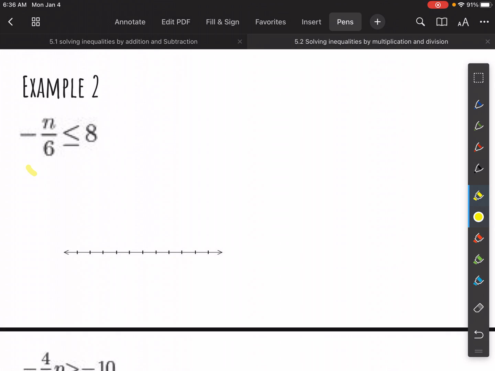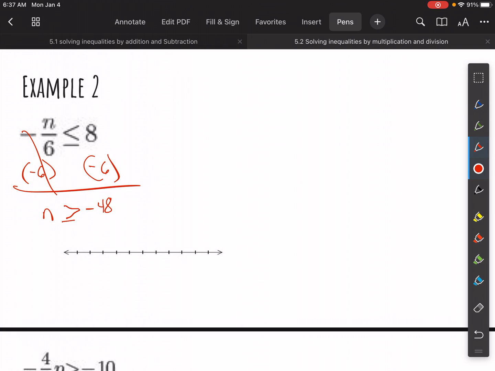So I'm going to multiply both sides by -6. When I do that, this part goes away and I'm left with n, but now it'll be greater than or equal to -48.